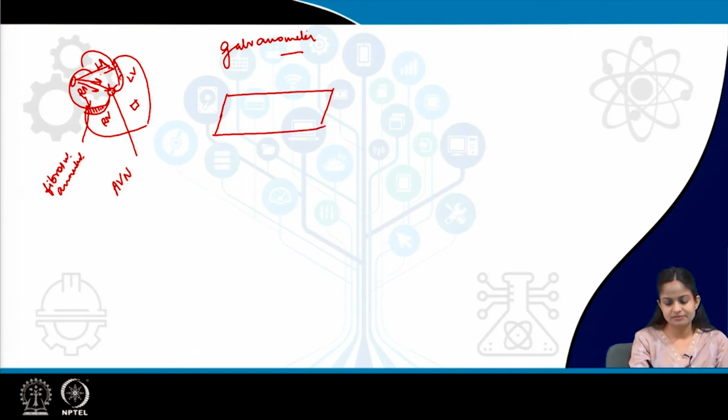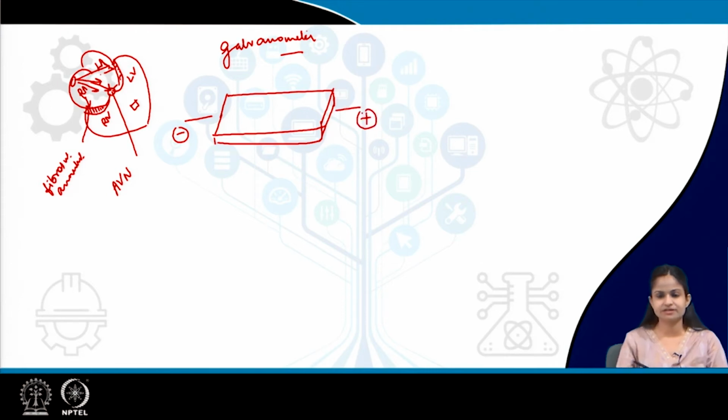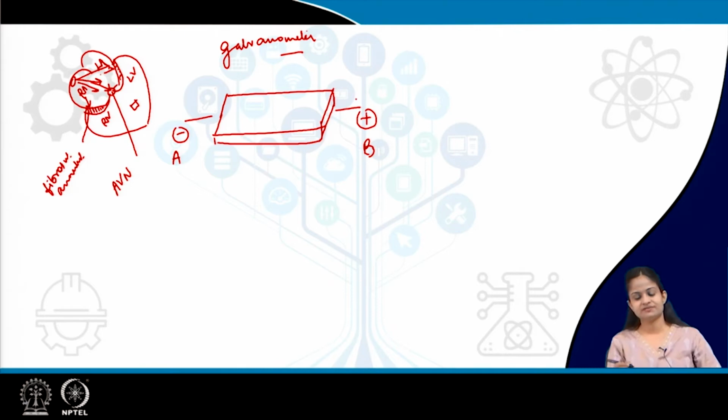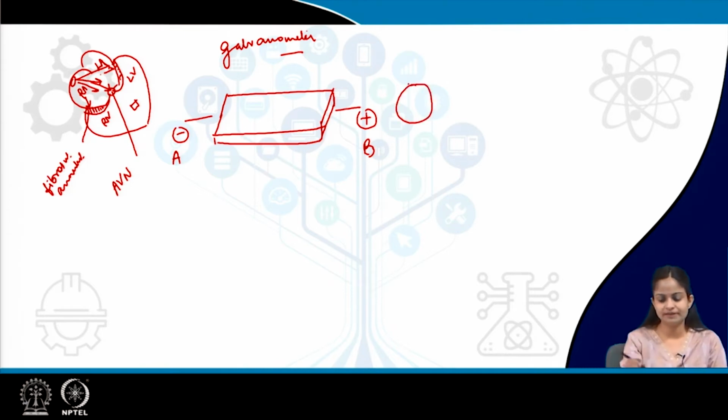This is the cardiac muscle tissue I have taken. Suppose I have attached one end to a negative pole and the other end to the positive pole. This portion is A, this portion is B, and I have attached the negative and positive terminals to a galvanometer.